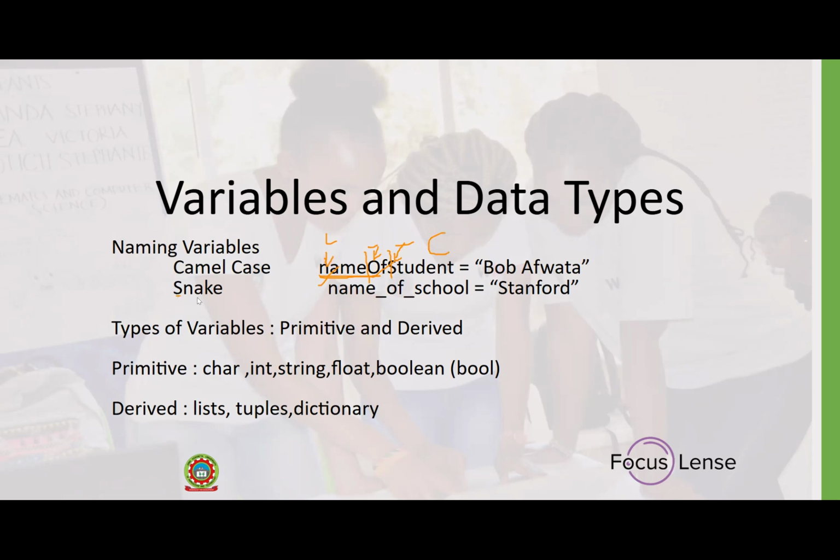But snake case is whereby everything is in lowercase. Name of school or name of university. So name is one word, another one is of, another one is school. All of them are in lowercase, but they are divided by what? Underscore. Can you see that?